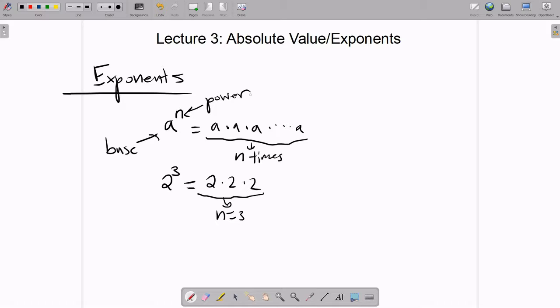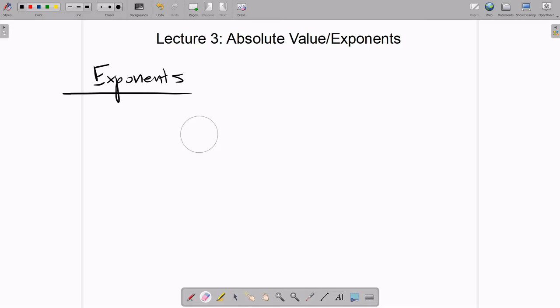The next part you should know is what happens if you have a negative exponent, power, or a 0 power. Let's start with the 0 power. If you have any exponent with the power of 0, it basically means you want to multiply this 0 times, which will be just 1. It will just default to 1.